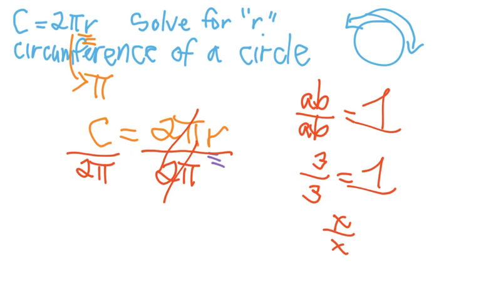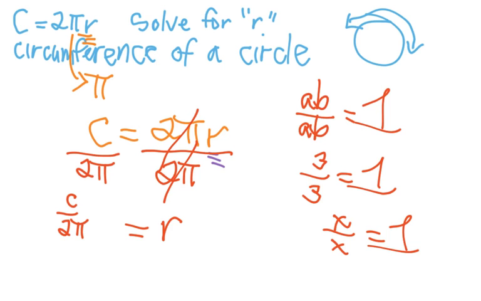X over X is equal to 1. Any time I have two things over itself, it's 1. So 2 pi divided by 2 pi is 1r. So that's on my right-hand side. And what do I have on the left? I simply have C divided by 2 pi.